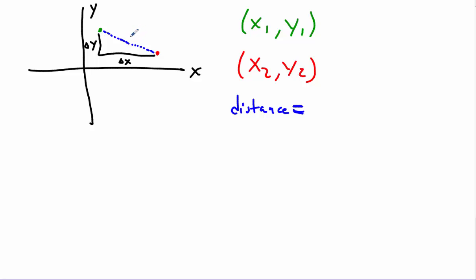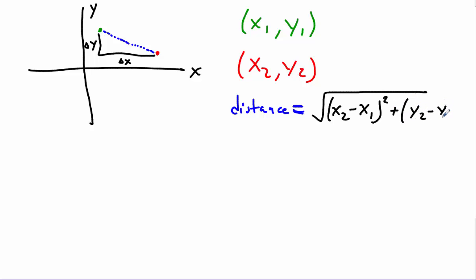To save you the trouble, the Pythagorean theorem can be manipulated to look like this: x2 minus x1 squared plus y2 minus y1 squared, and it's the square root of the whole thing.